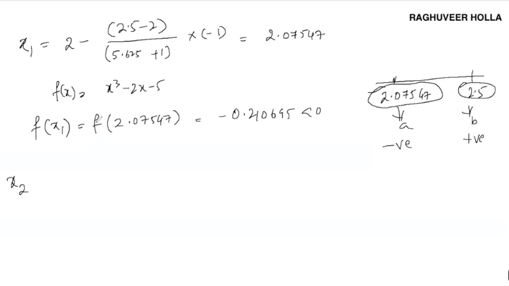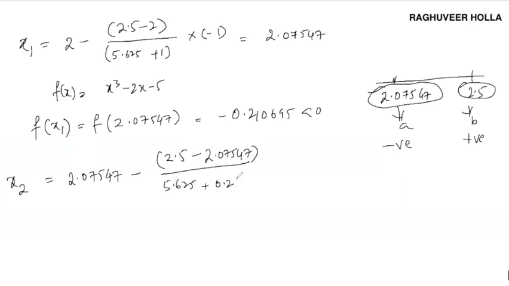So the next approximation is this: 2.075, which is A, minus (2.5 minus 2.07547) divided by (5.625 plus 0.210696), multiplied into minus 0.210696.